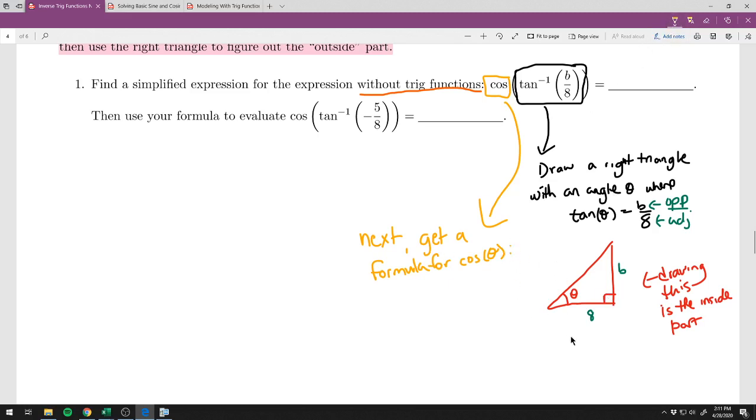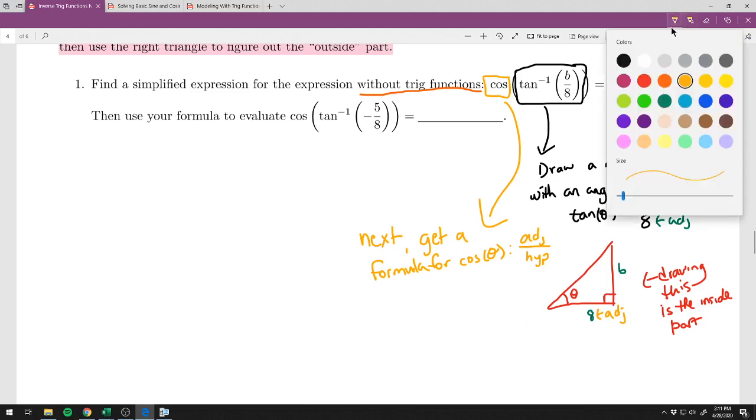And we know cosine is adjacent over hypotenuse. Right, our adjacent side is 8. But our hypotenuse is what we have to figure out. We need a formula for the hypotenuse.